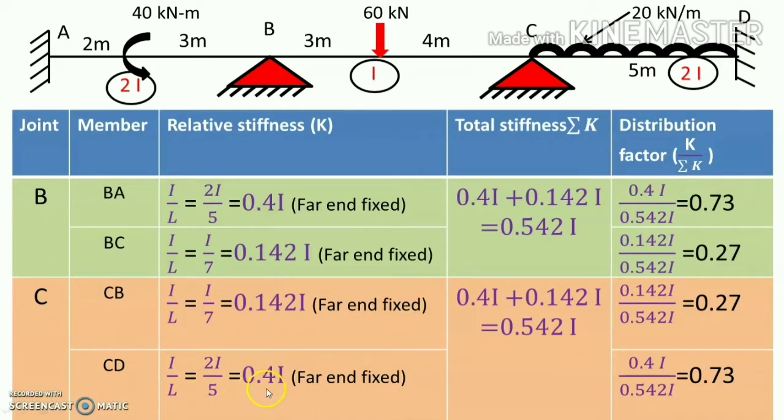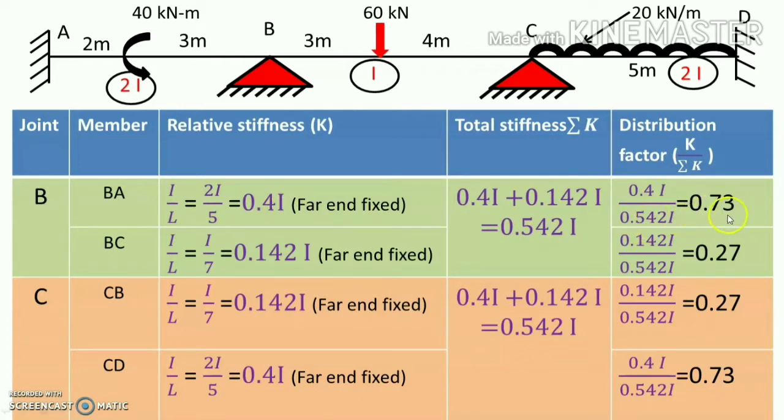Now, this is the total stiffness: at B, BA and BC; at C, CB and CD. So, here it is 0.542 I and here 0.542 I. Now, what is the distribution factor? Individual stiffness, that is 0.4, divided by the total stiffness, that is 0.542. So, that is equal to 0.73.